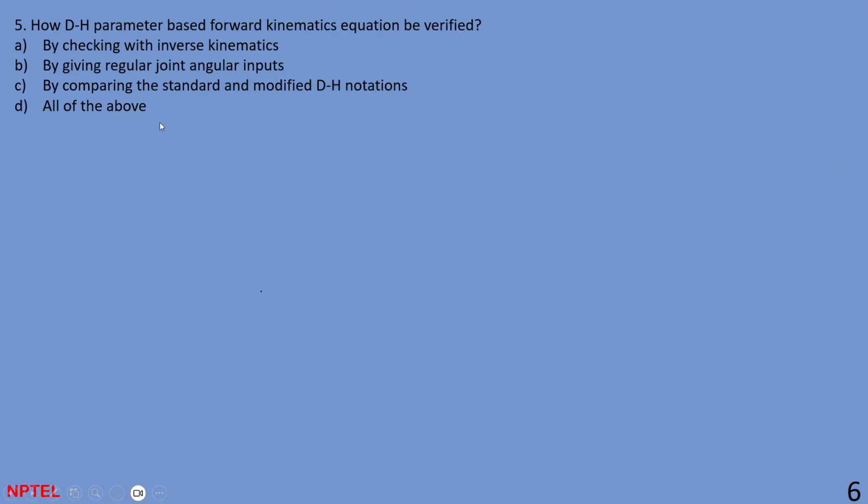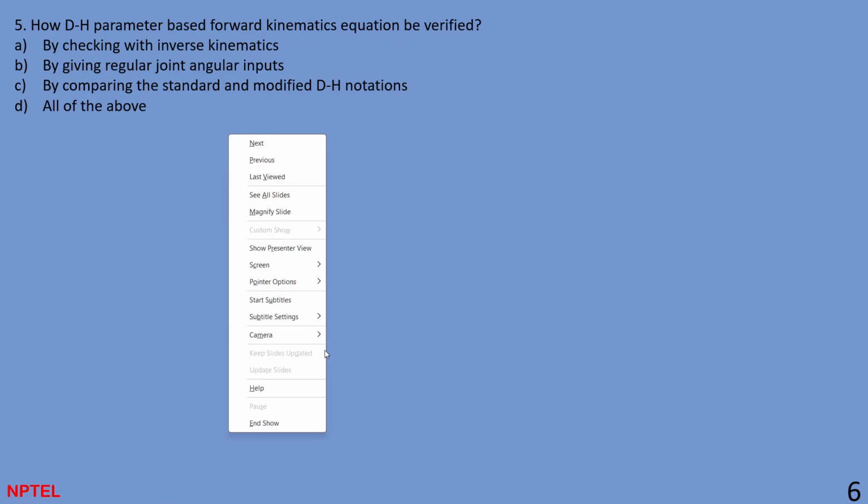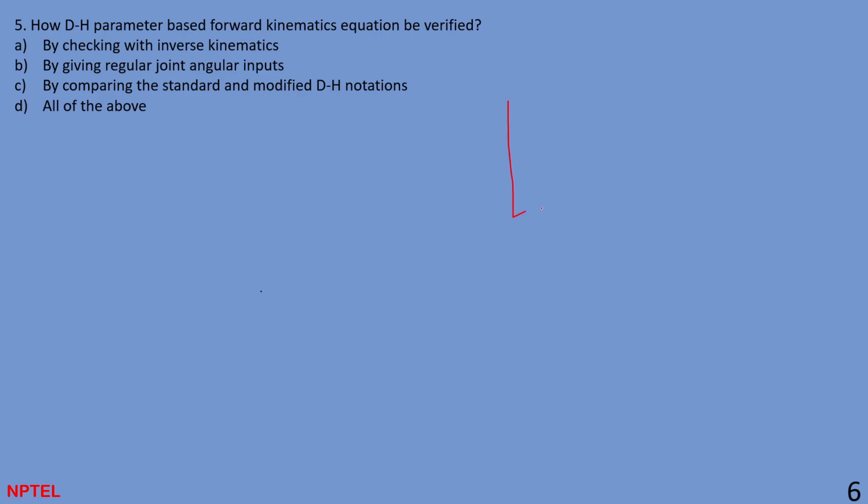So, how can the DH parameter based forward kinematic equation be verified? If you have calculated the DH parameters, you have those, right? There is an offset, or maybe the link length L is there.